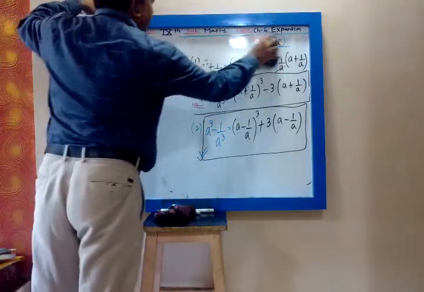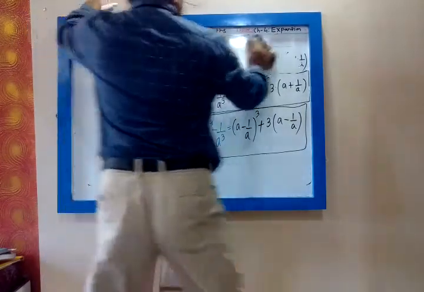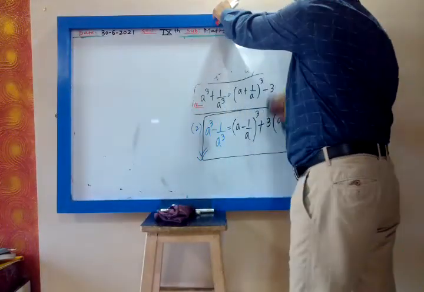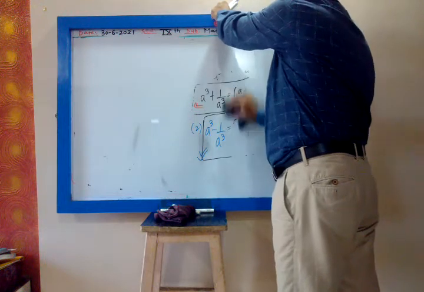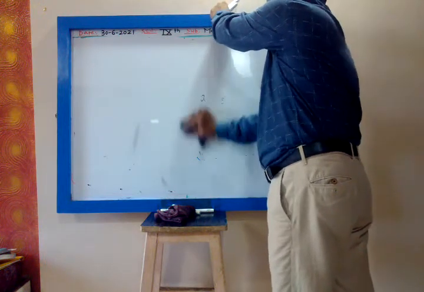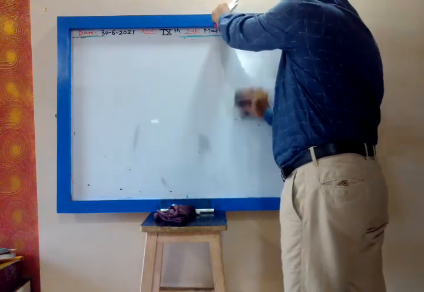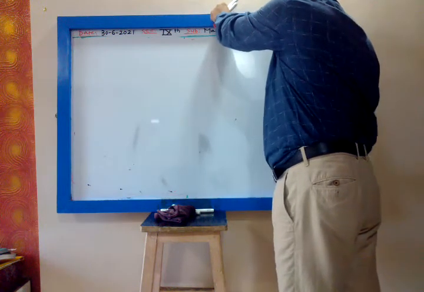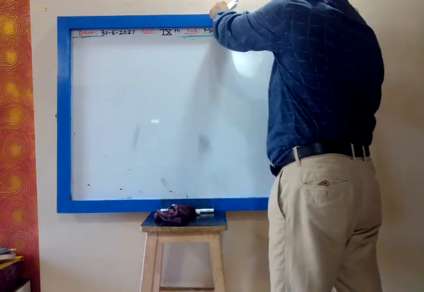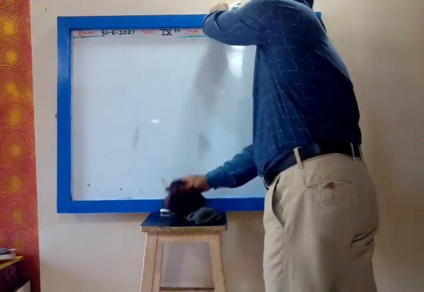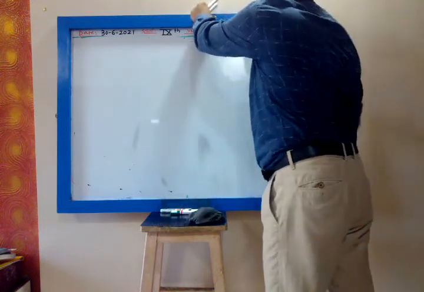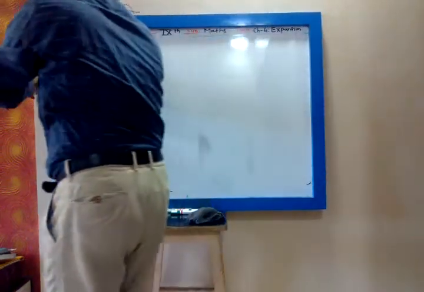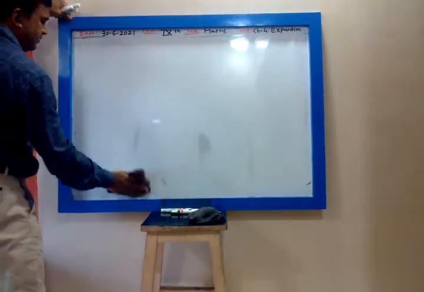What you have to remember: whenever the left hand side is plus, inside bracket plus, outside bracket minus. Whenever the left hand side is minus, inside bracket minus, outside bracket plus, and the terms remain the same. Only how to remember the formula I have explained.